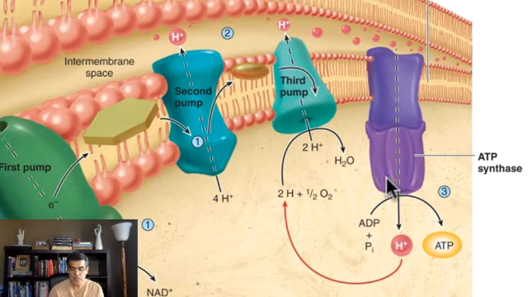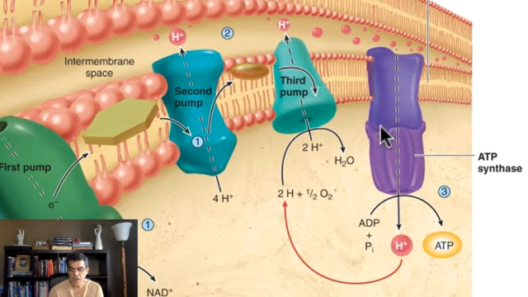There is a protein here called ATP synthase, and when the hydrogen goes through this ATP synthase, just like a waterfall, it's going to make this ATP synthase become active and grab the phosphate, and it's going to give it to ADP to create ATP.